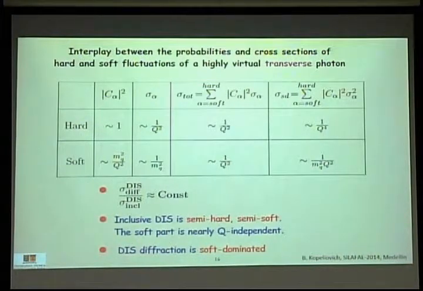Nevertheless, this diffractive F2 was proven to obey the DGLAP evolution equation. It is soft-dominated, but there is a small part of hard process, and when you evolve the scale, the variation of this hard part can be calculated with the DGLAP evolution equations. So this is fine. However, in general, the diffractive cross-section is almost purely soft.